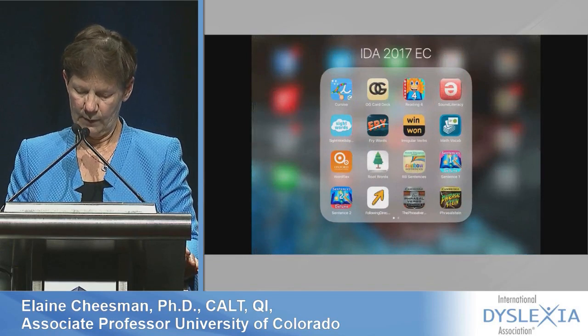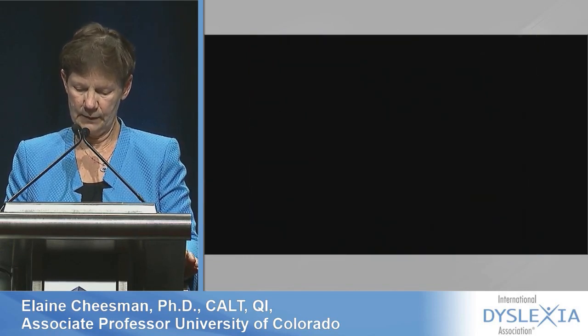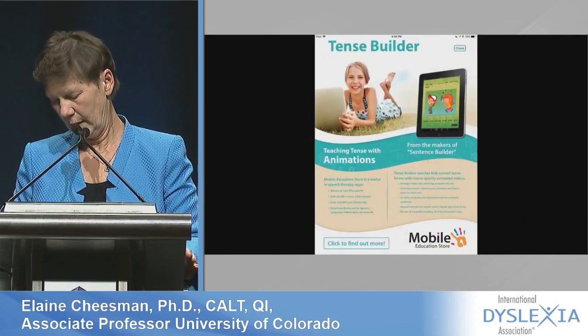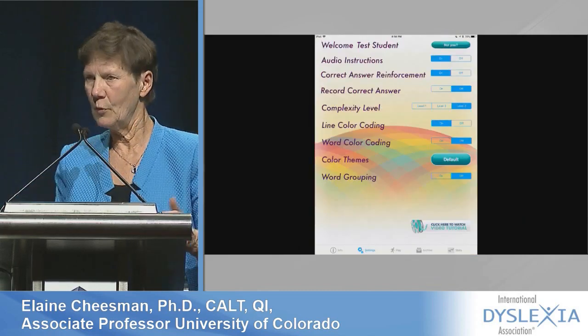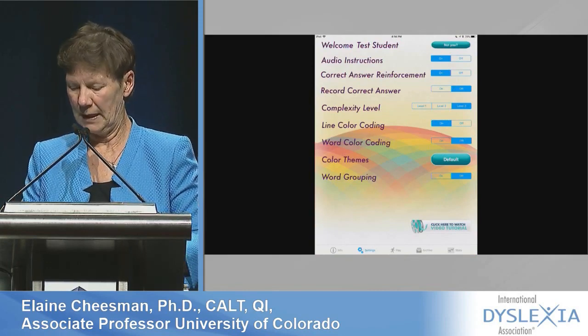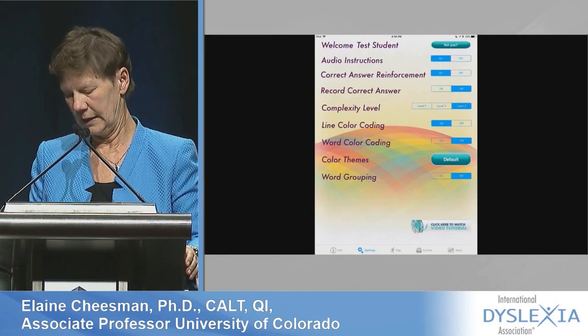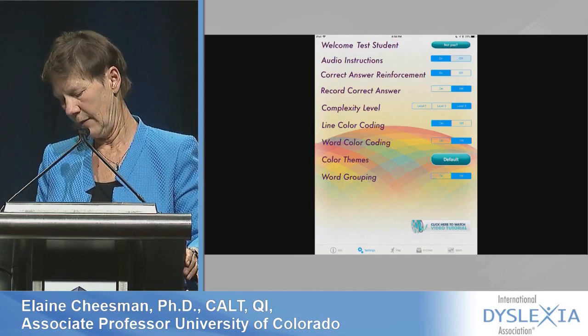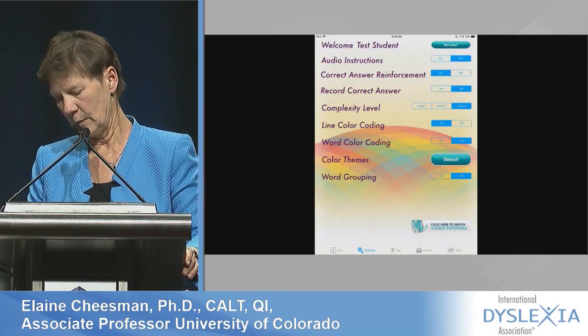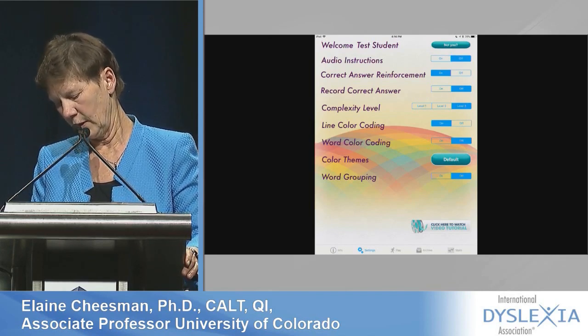Welcome back to Rainbow Sentences. Okay, so my big gripe with this one is it starts with this page, and you're thinking, well, what is this? But what you can do is you can have your audio instruction on, correct answer reinforcement, record the correct answer.